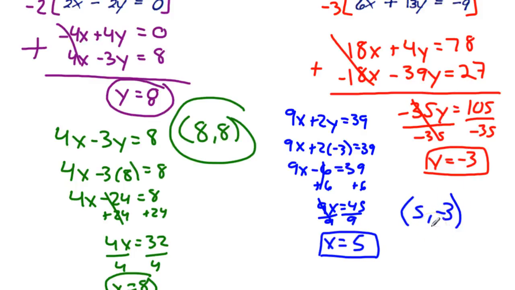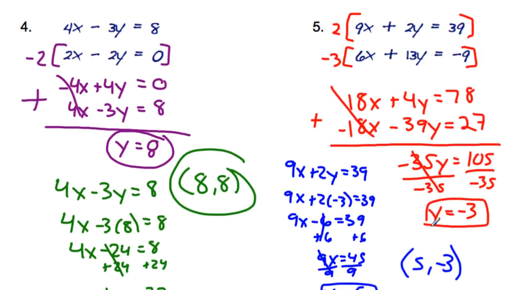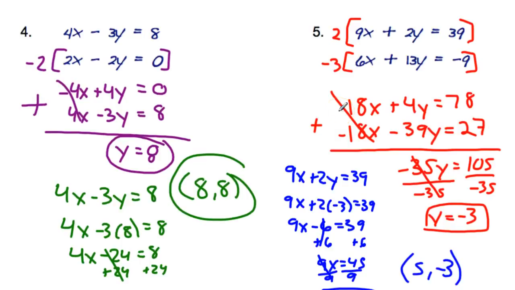All right, but we did it. We got it. And you might be thinking about this example like, hey, that's kind of tough. How am I going to know what to multiply the top equation and the bottom equation by? Well, sometimes you just got to think and multiply until you get things that cancel. Or you could always take this first coefficient, which is 9, multiply the bottom one by 9, make it a negative 9, and the top by 6.